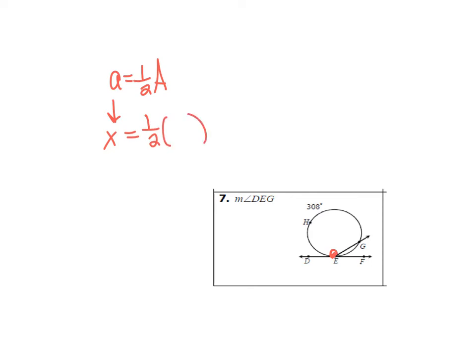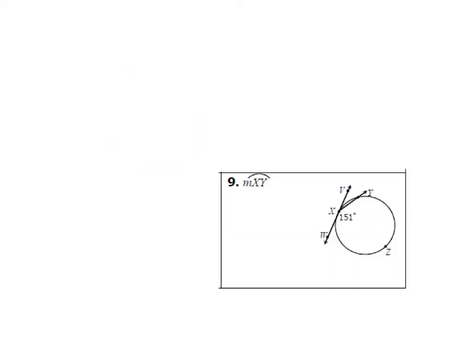Let's see what the arc is, which is across from angle DEG. Oh, that's 308. So we are going to take half of 308, and x is equal to 154 degrees. So the key is find out what the angle is and set up your problem.